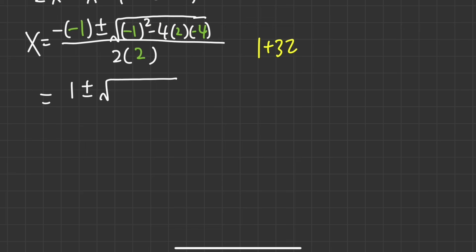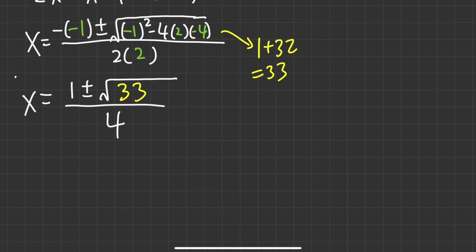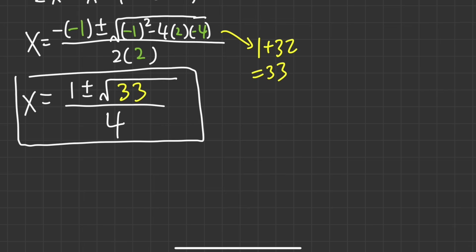So the inside is 1 plus 32, which is equal to 33. So that will be inside of the square root. And then over 2 times 2, which is 4. Since square root of 33 you can't really simplify, we can just leave it like that. Here are the two answers: 1 plus or minus square root of 33 over 4.